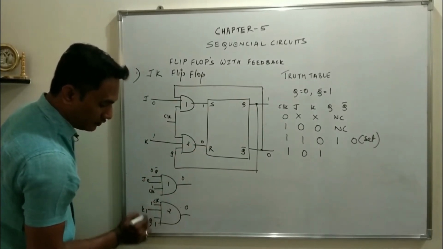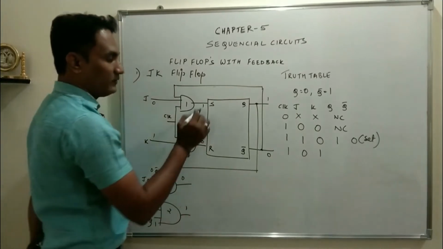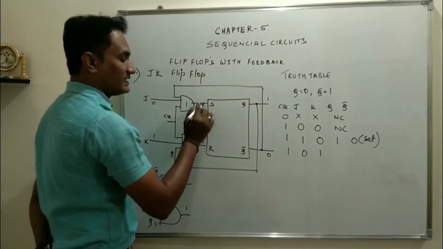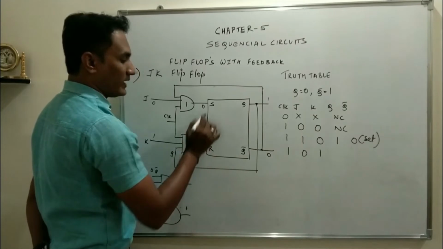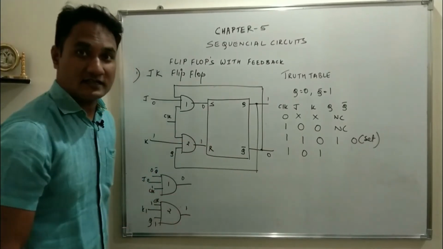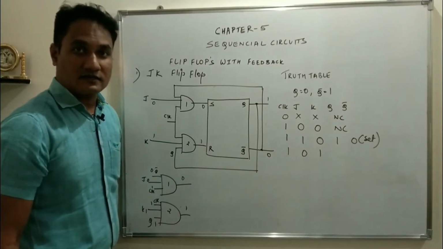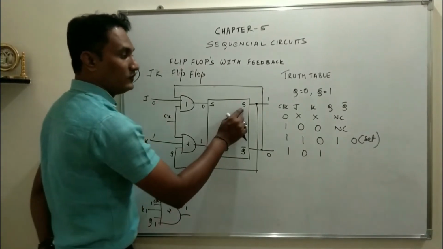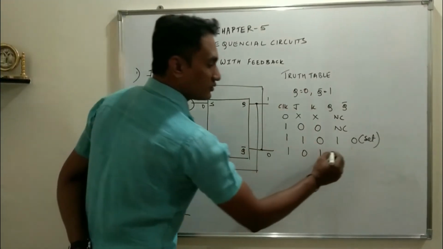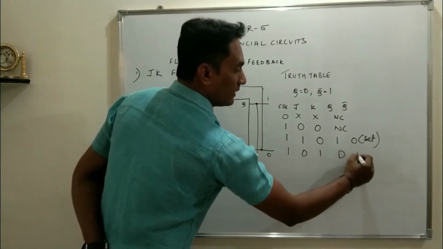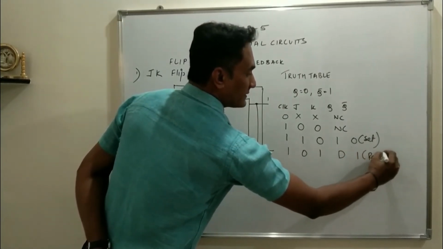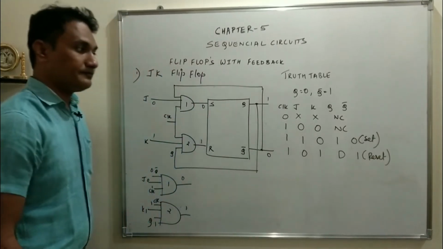For the lower AND gate, all three inputs are 1, so the output will be 1. So S is 0, R is 1. S0, R1: R stands for reset, you have provided trigger to R. Reset means Q will go back to its initial condition. So Q will go back to 0, Q bar will be 1, and this is the reset condition.